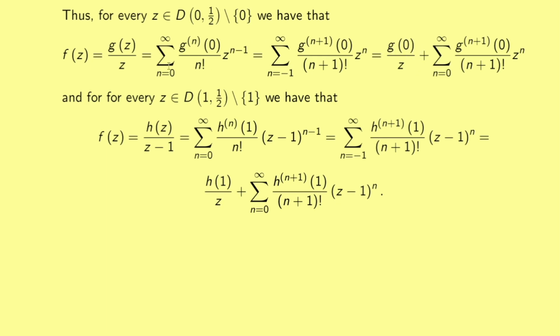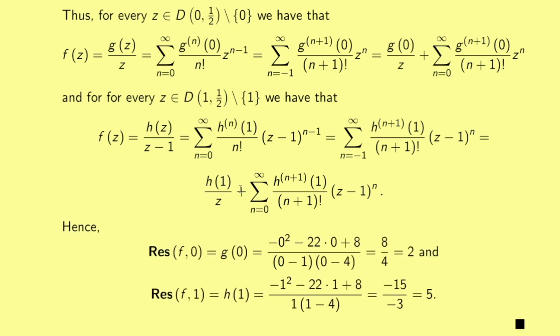So the residue of f at 0 is g of 0, and the residue of f at 1 is h of 1. So this is what we get here. Now I just have to plug the value 0 into the expression for g and 1 into h. And I get this. So the residue of f at 0 is 2, and the residue of f at 1 is 5. And we are done.